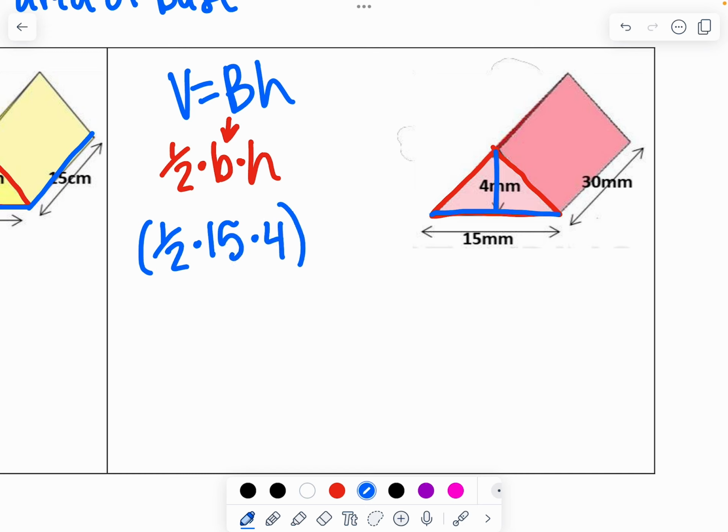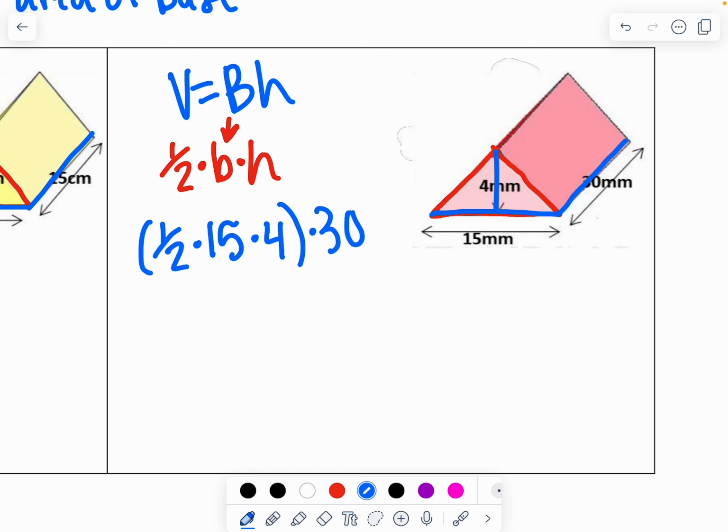So we get 1/2 times 15 times 4, which will tell us the area of the base, and then we'll multiply by 30 because that's our height. So remember, the height is not always going vertically. The height connects the two bases together. It stretches the bases.